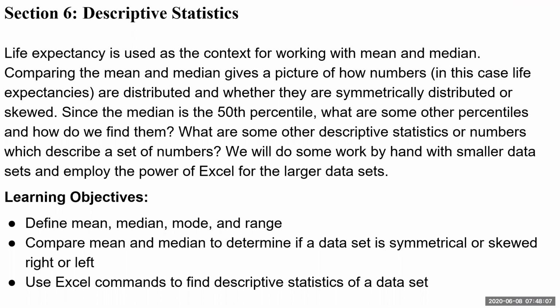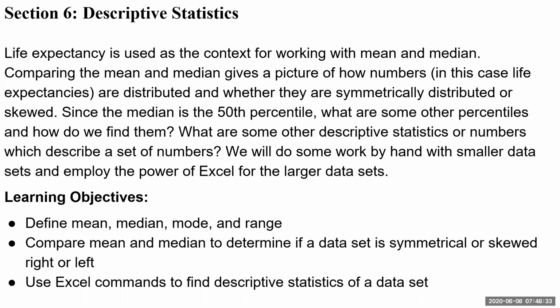We're on page 55 right now, and here we are going to use life expectancy as a context to explain mean and median. The median is the center, what stands right at the center.